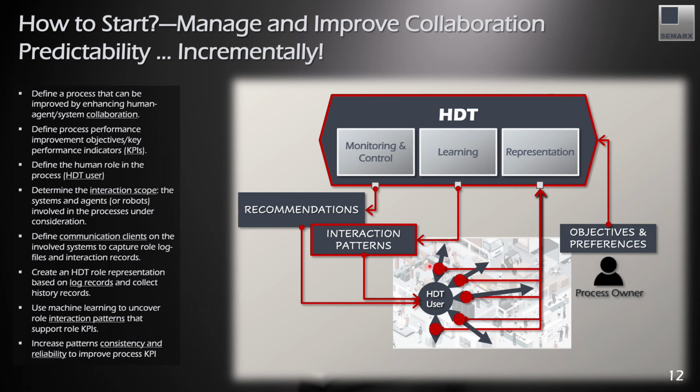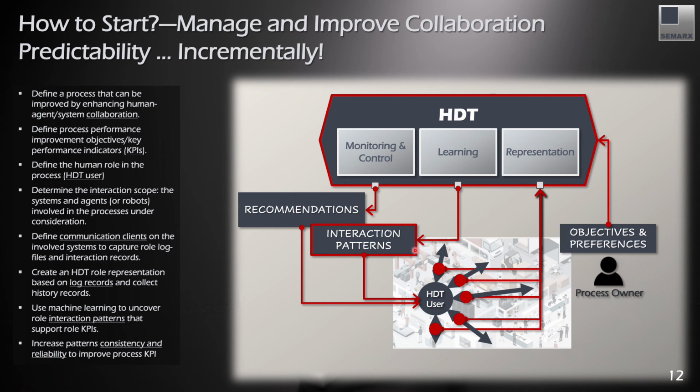The whole concept is how to represent these interactions in a consistent way, and that is also the scope of the patent that is being applied for: only the representation part. The other two parts, machine learning and monitoring, are standard. Once we have identified the process and scope, installed the clients, and captured and represented the communication, then we start learning patterns.